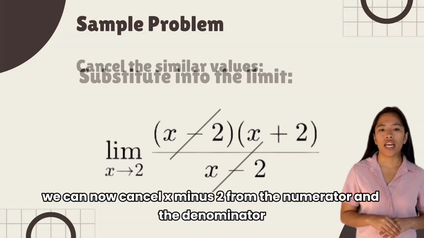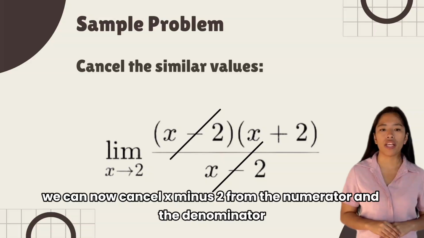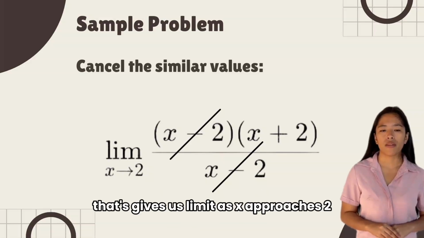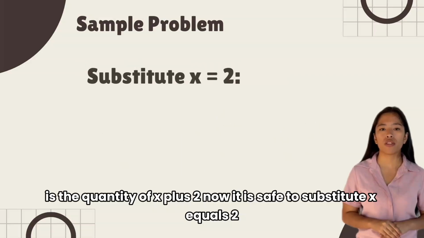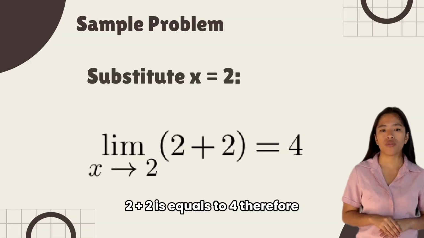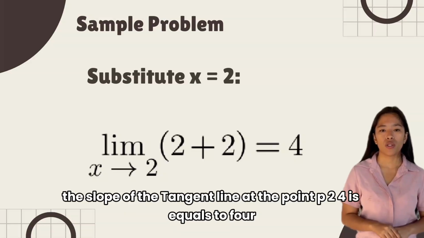We can now cancel x minus 2 from the numerator and the denominator. That gives us the limit as x approaches 2 of the quantity x plus 2. Now, it is safe to substitute x equals 2. 2 plus 2 is equal to 4. Therefore, the slope of the tangent line at the point P (2, 4) is equal to 4.